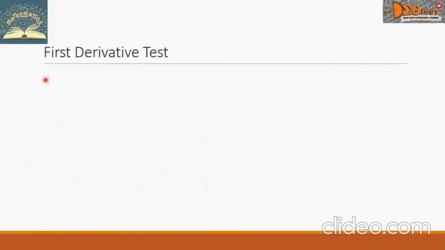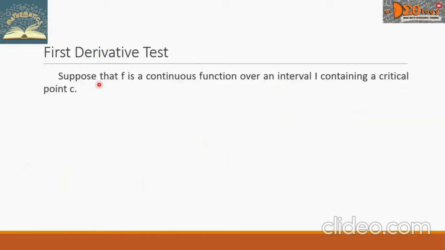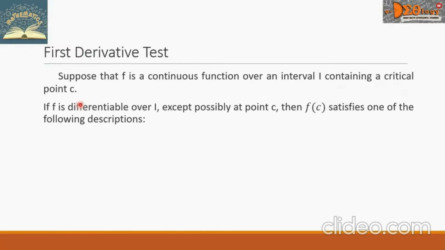Let us study now the first derivative tests. Suppose that f is a continuous function over an interval I containing a critical point c. If f is differentiable over I, except possibly at point c, then f of c satisfies one of the following descriptions.